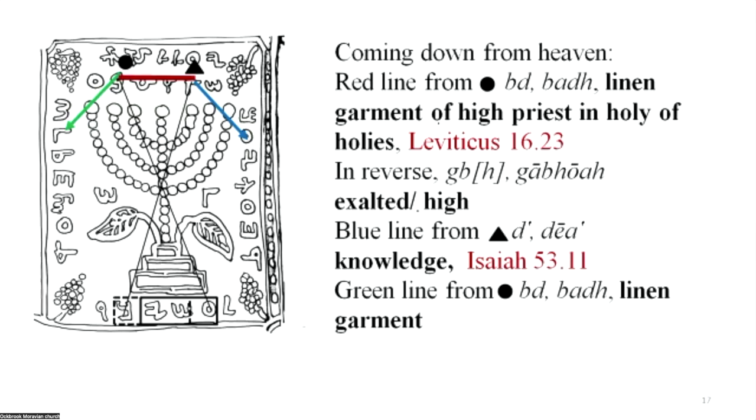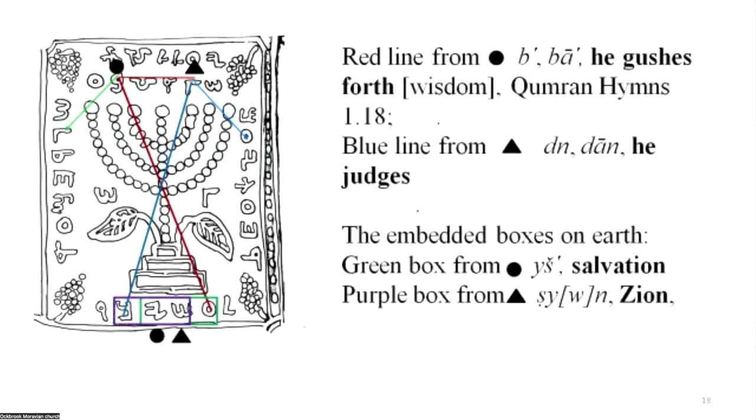If you move the green line down, you've got the same letter again, and those both are the word for the temple linen. Now that's another thing that you often find, words that spread out in both directions from a common point. And that's another of the patterns that you can look for in these incredibly sophisticated constructions.